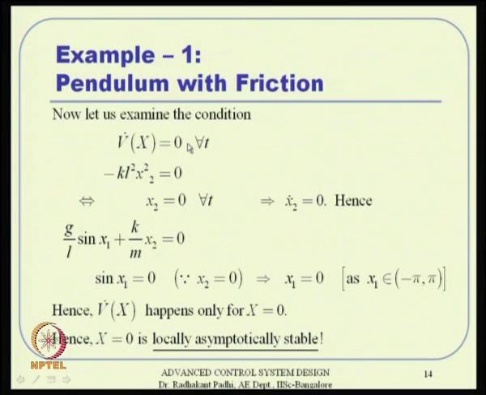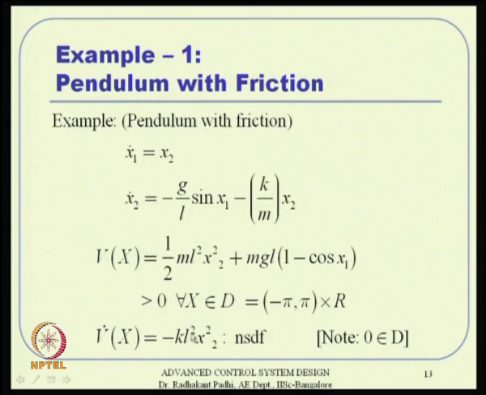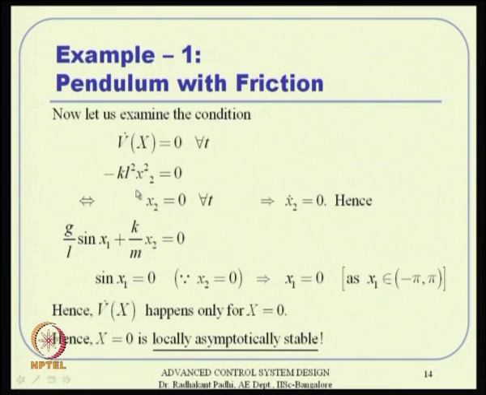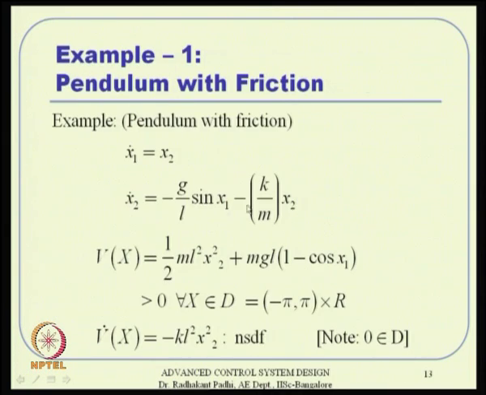Now, V dot of x equal to 0 for all time means, if I see this V dot expression, that x2 equal to 0 for all time. Now, if x2 equal to 0 for all time, then x2 dot is also equal to 0 for all time. Now, I will go back to the x2 dot expression, and the x2 dot expression is this one.